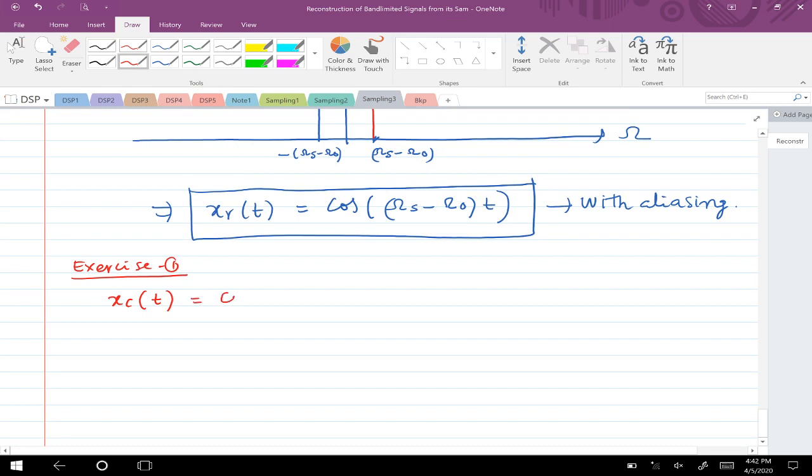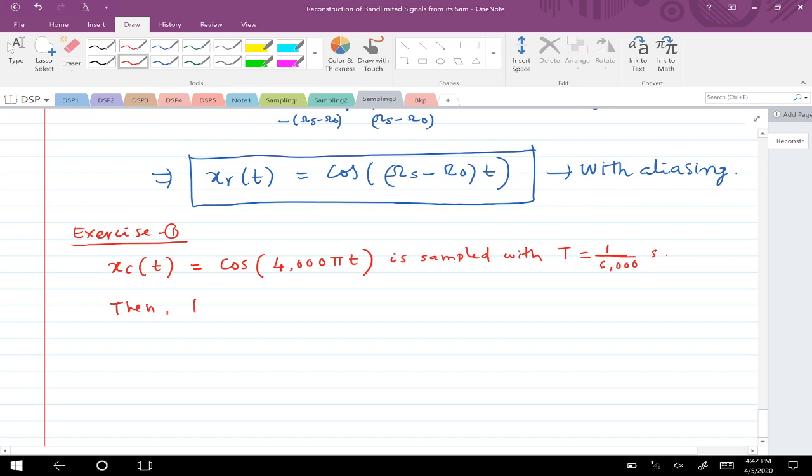Assume that xc of t equals cos of 4000 pi t. Assume that this signal is sampled with a time period of T equal to 1 by 6000 seconds.